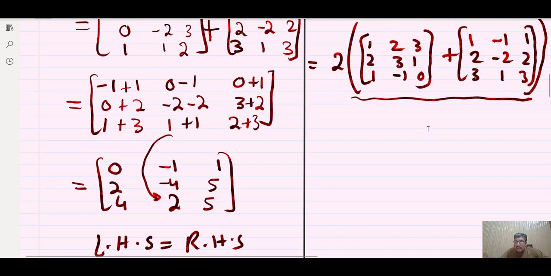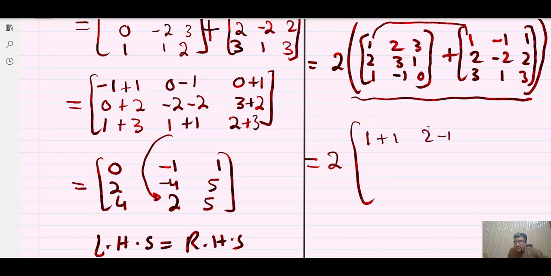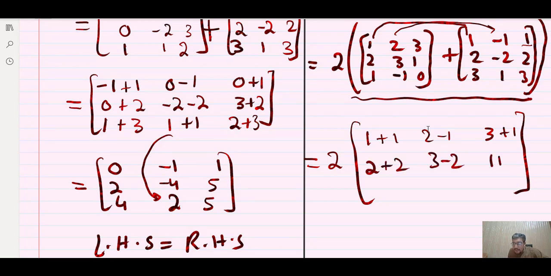So when we add these two matrices, we will get 1 plus 1, 2 minus 1. I am adding this row with this one. So this one with this one, and 2 is going to add with this minus 1. And 3 is going to add with this one. 3 plus 1, 2 plus 2, 3 minus 2, and 1 plus 2.